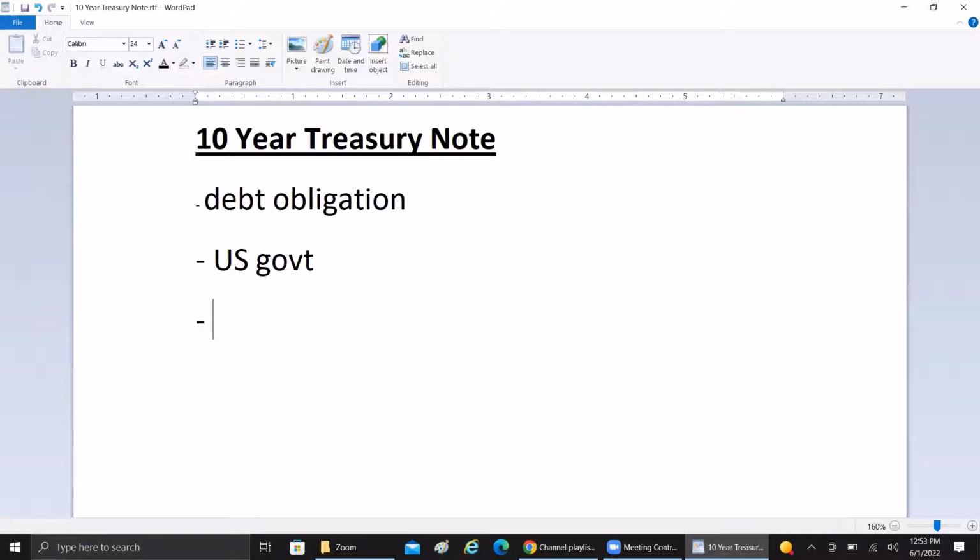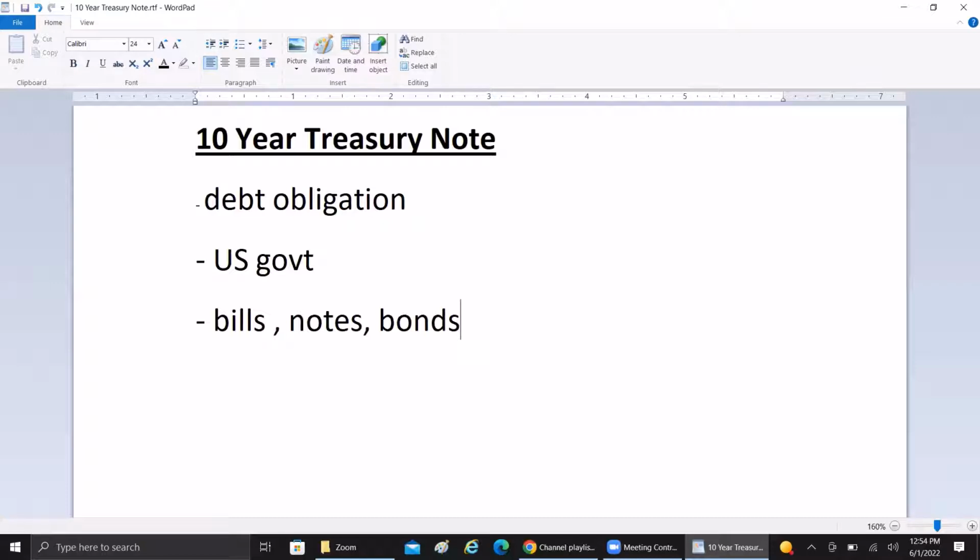So this 10-year treasury note, why is it called a treasury note? There are treasury bills, treasury notes, and treasury bonds. The primary difference is the tenure of these debt obligations.